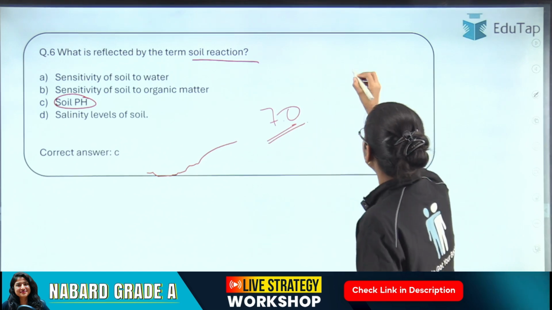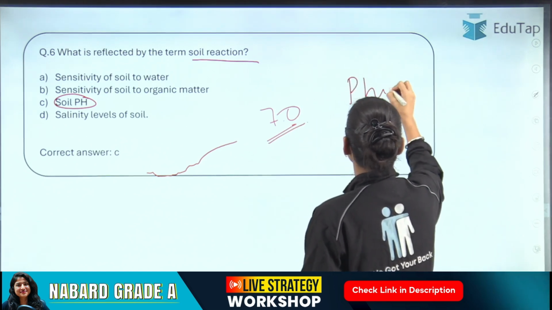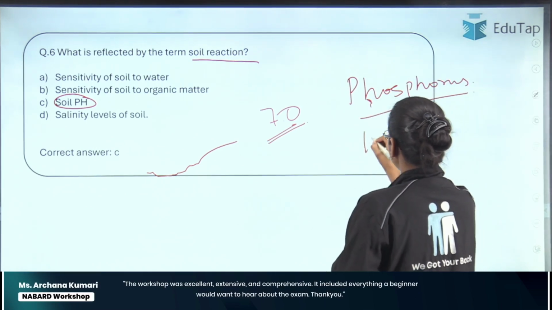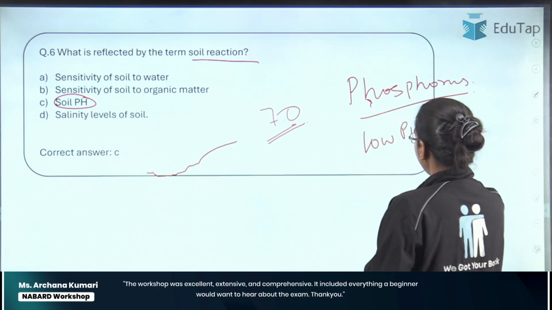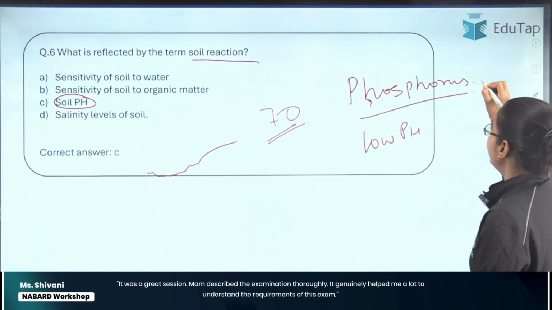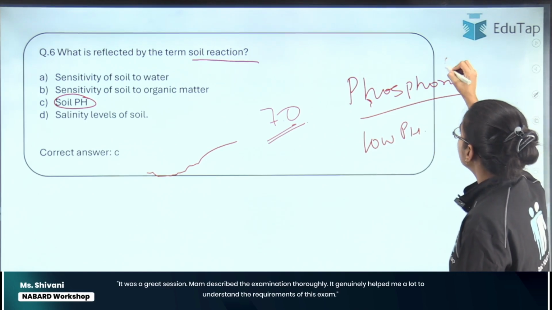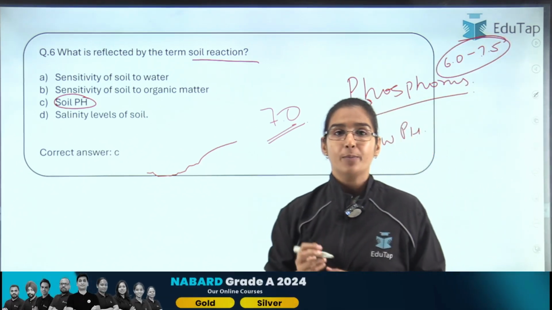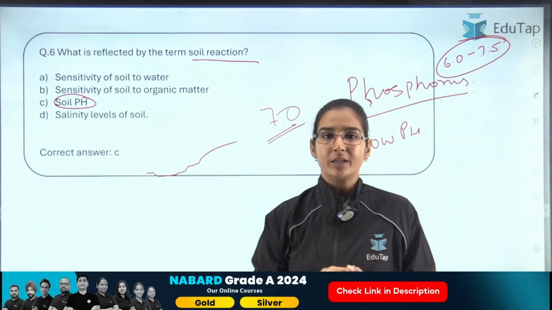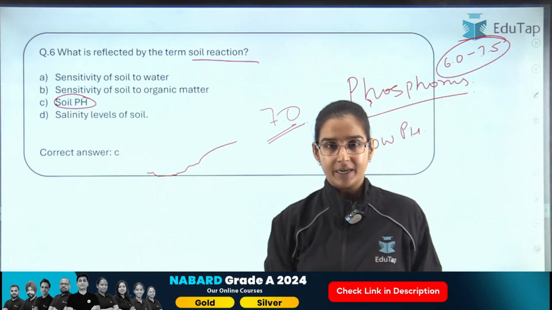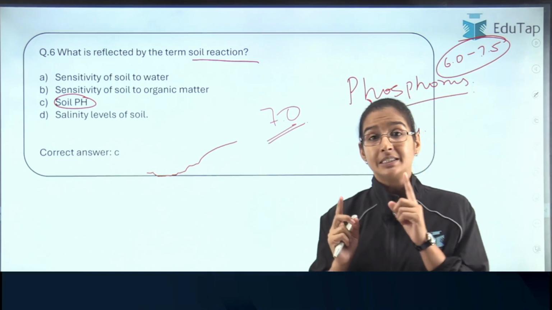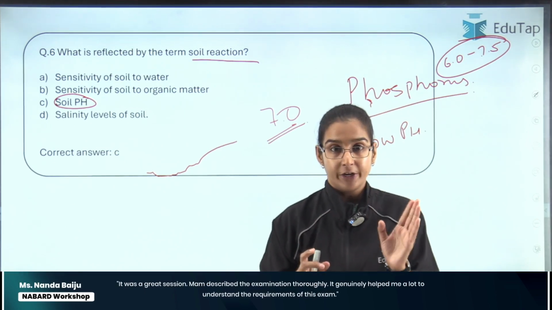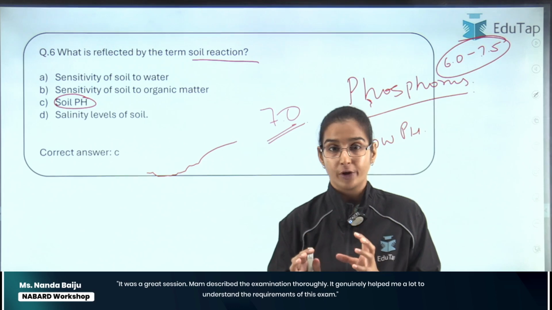For example, there is a nutrient phosphorus, right? Now in situations of low pH, this phosphorus is soluble when the pH is around 6 to 7.5. So when the pH range is around 6 to 7.5, this phosphorus is soluble and it is available for the plant's uptake. All right. However, if the soil becomes acidic in nature, or its pH is reduced, in that condition, this phosphorus precipitates.